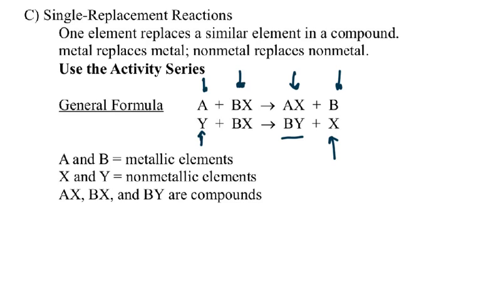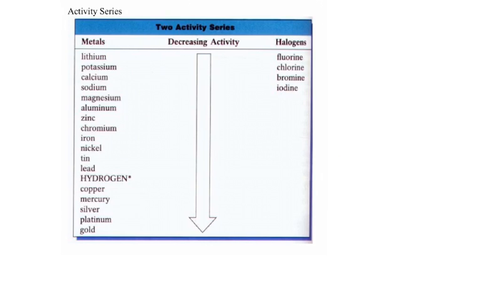Now, in order for this to take place, this is one of the most important things about single replacement reactions. There's an activity series that we will refer to verify if this will happen or not. You see, the activity series has the more active elements at the top, and as you go down the list, the elements become less active.